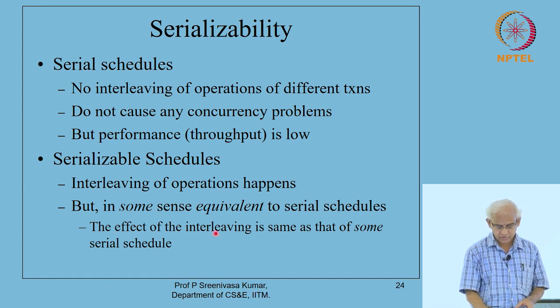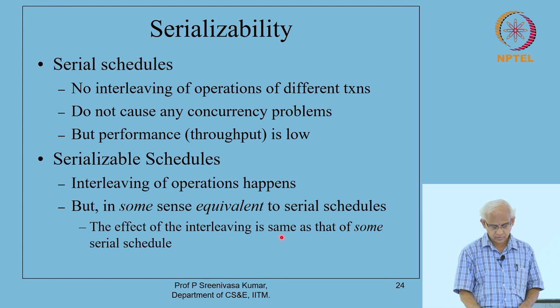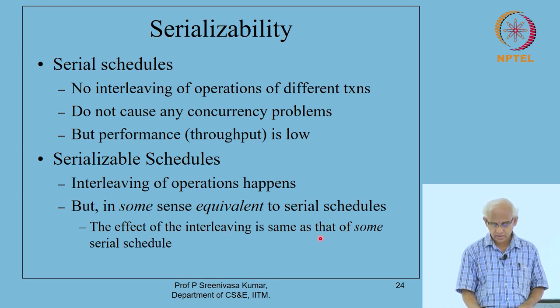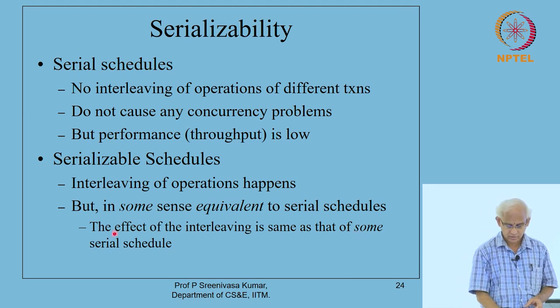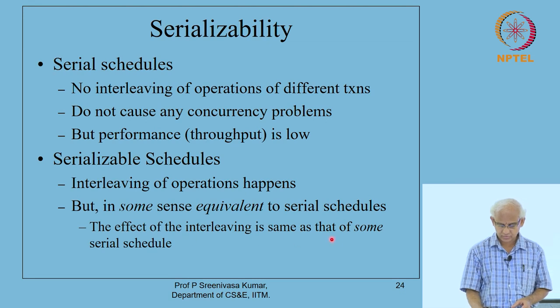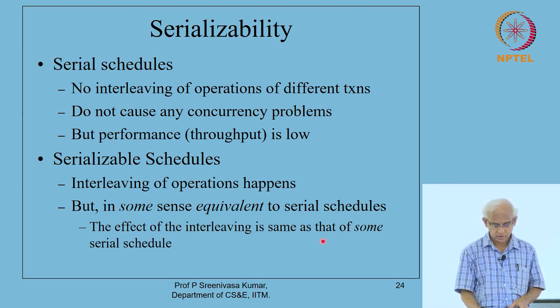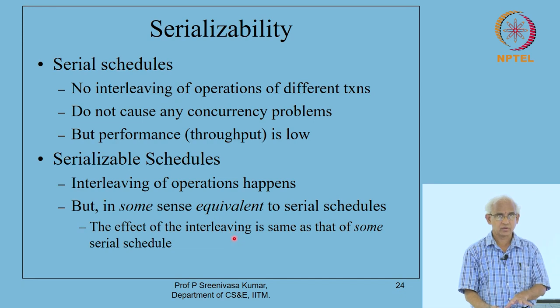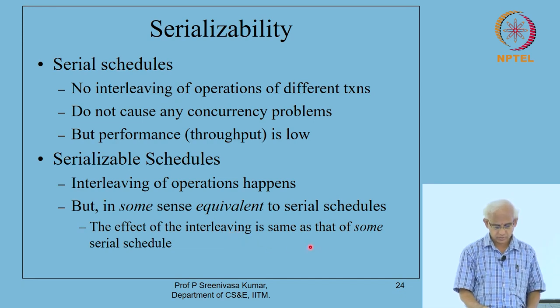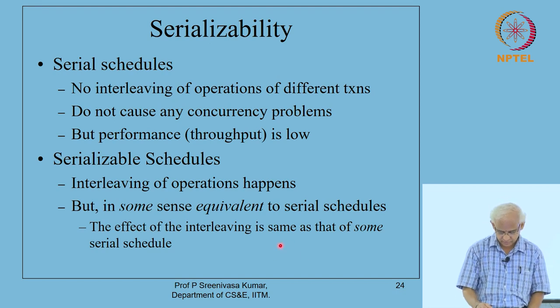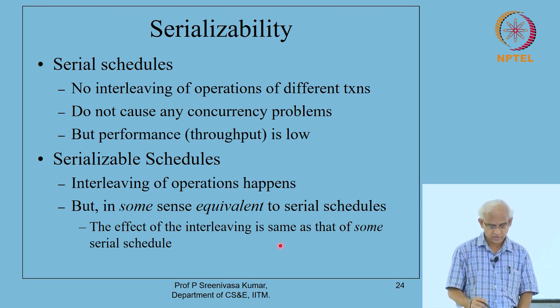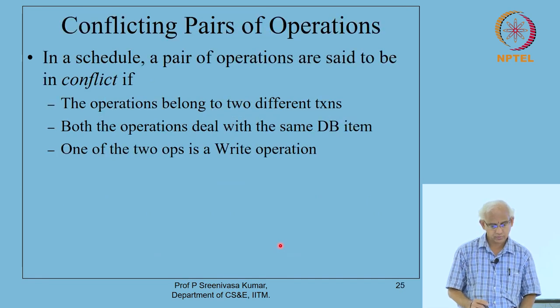The effect of this interleaving is the same as that of some serial schedule. If that is the case, we will call them serializable schedules. But this is vague, because we have not told what that equivalence is. So, let me make this much more precise now.